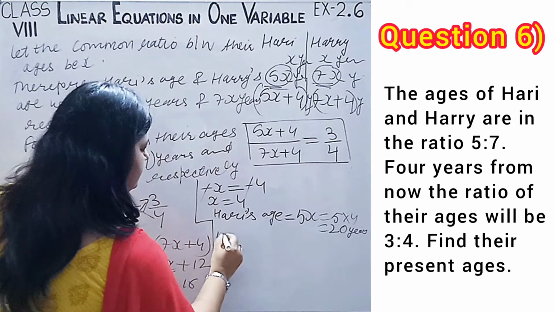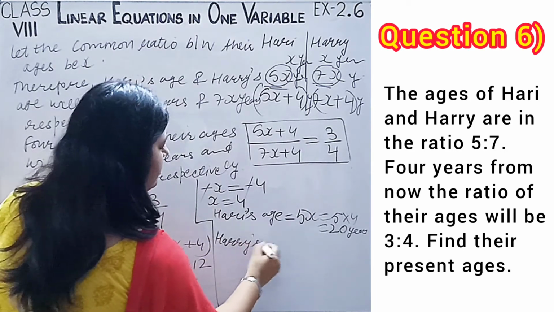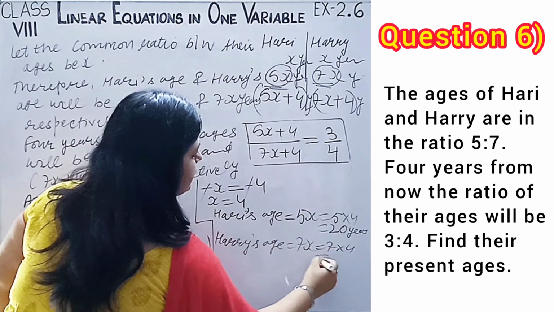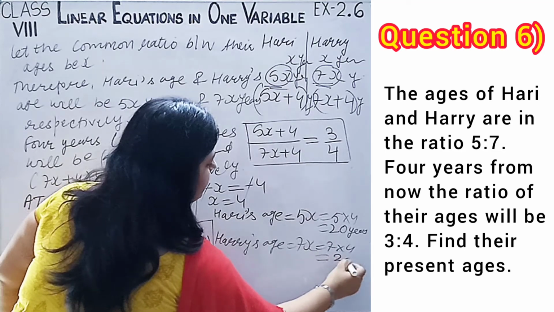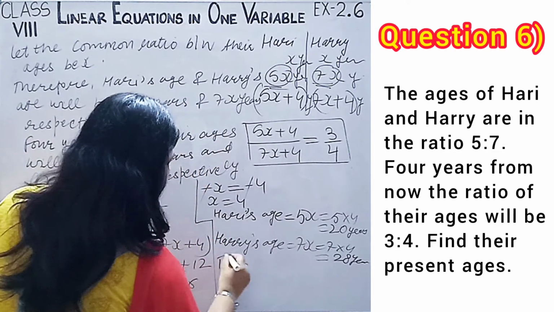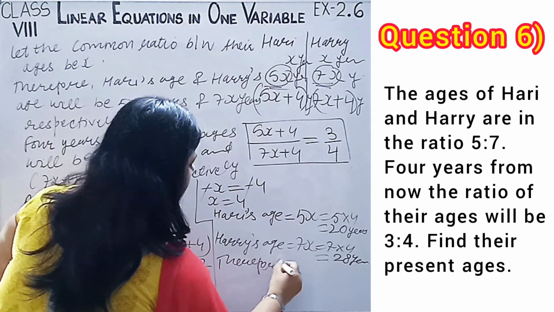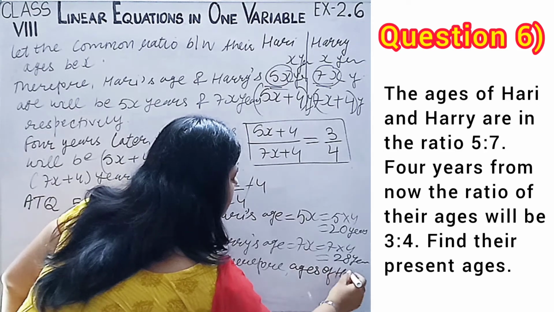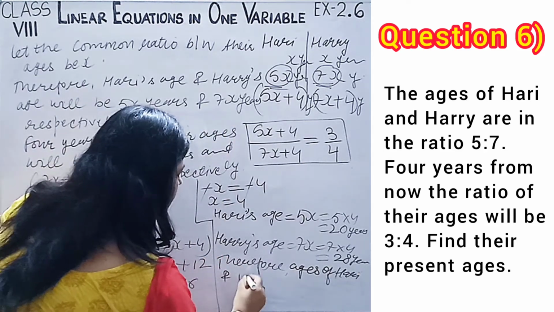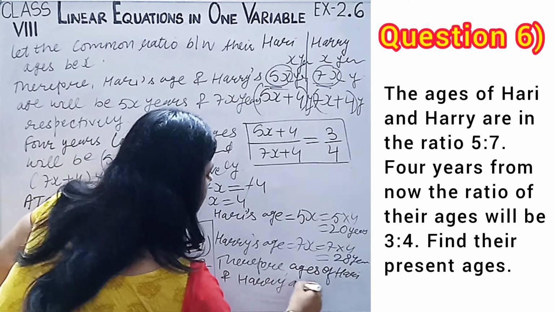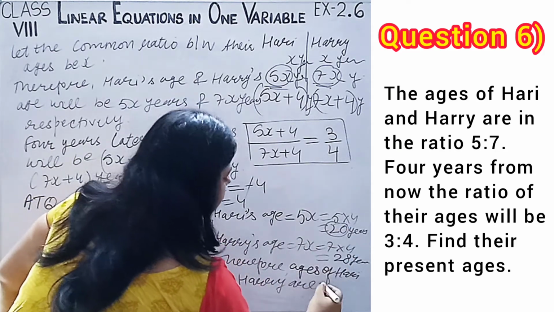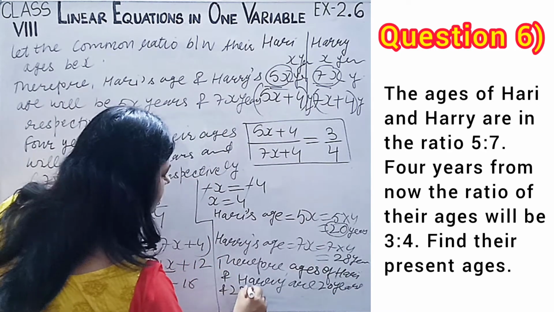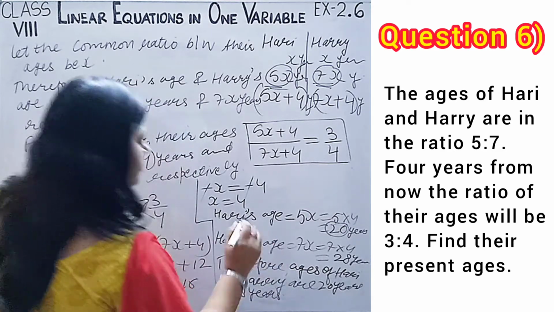Now Harry's age, 7x, 7 into 4, substituting the value of x, 7 4s are 28 years. Therefore, the ages of Hari and Harry are 20 years and 28 years. Answer.